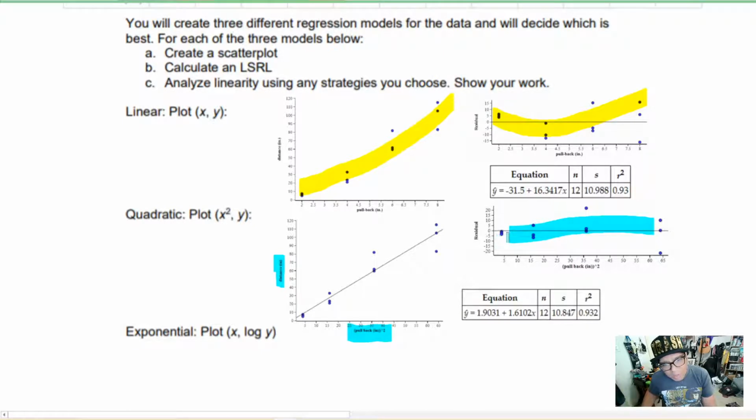Not really. We have residuals above and below the line all the way through. And you might argue that this residual over here seems really low, but we do have positive residuals. So I would say that this is okay. Also, we've got an r squared of 0.932, which is a good r squared.